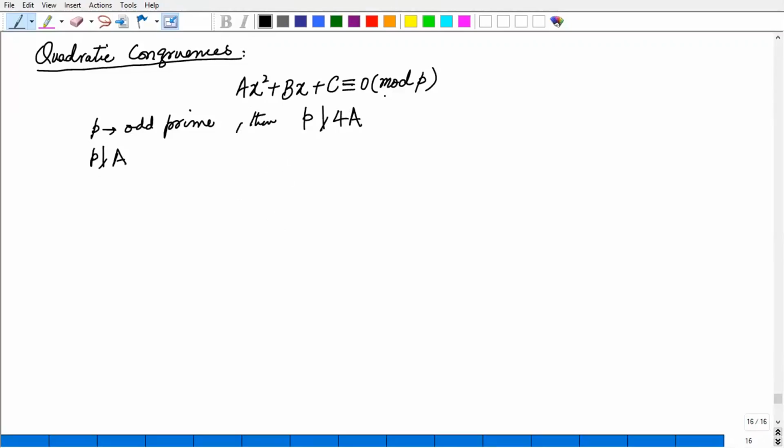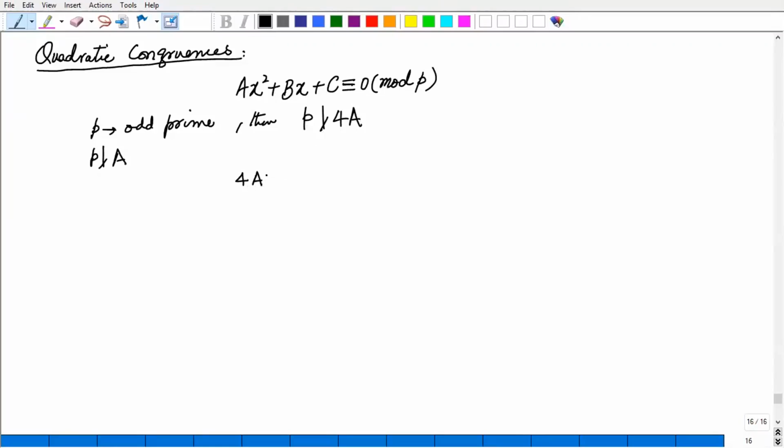For example, we have this quadratic congruence. Let me multiply the whole congruence by 4a. That's why p does not divide 4a, because if p divides 4a, then the whole congruence will become 0, and we will not be able to multiply by 4a on both sides.